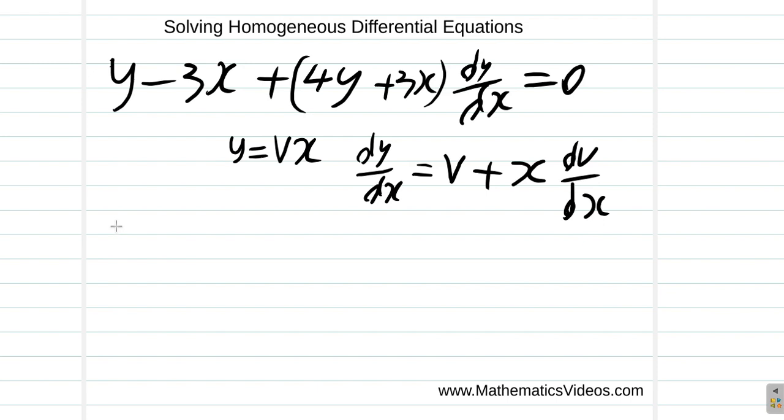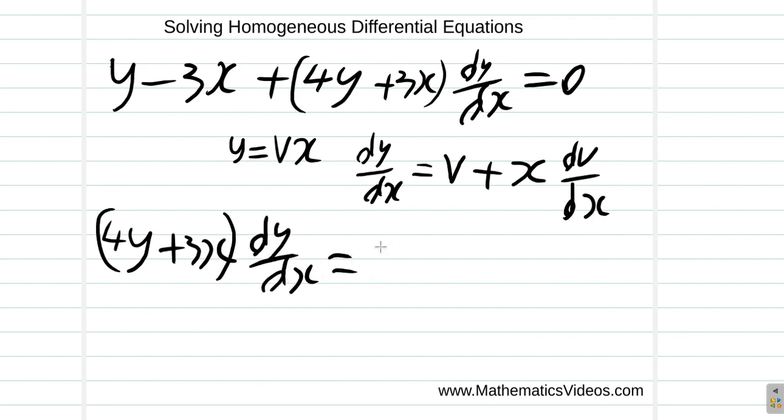Now let's add 3x to both sides and minus y from both sides. We have (4y plus 3x) dy by dx equal to, this would be add 3x to both sides, gives you 3x minus y.